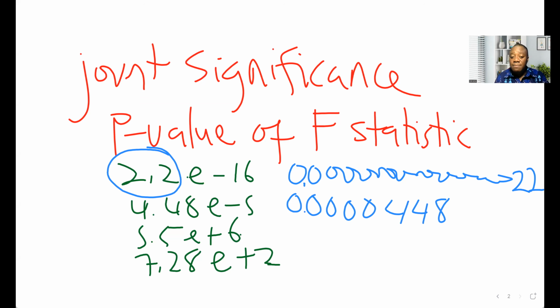Good, got it. Let me see whether somebody wrote another answer. Okay, so somebody said there are 5 zeros after the figure 55. Someone says there are 6 zeros after the figure 5.5. Okay.